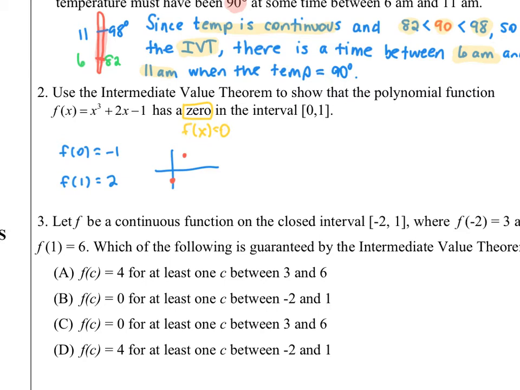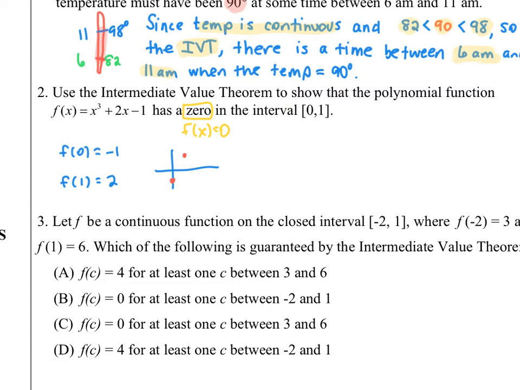Since my y values go from -1 to 2, I'm going to have to bypass that 0 at some point, and it's going to happen on the interval from 0 to 1. I don't know exactly where. All I know is that it will happen.